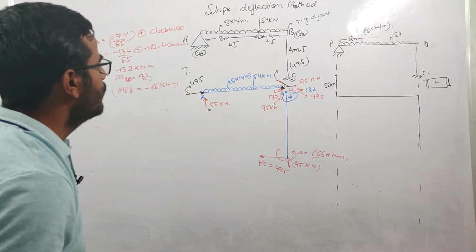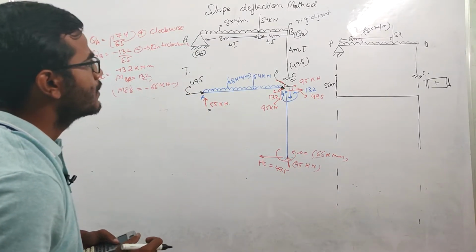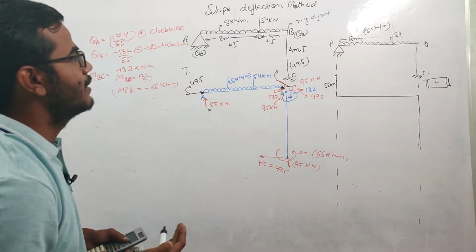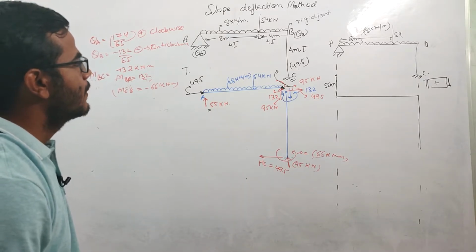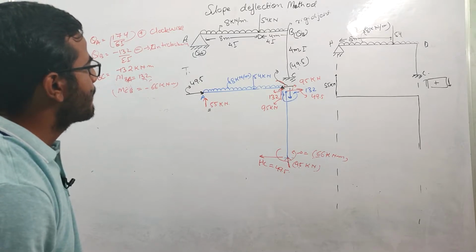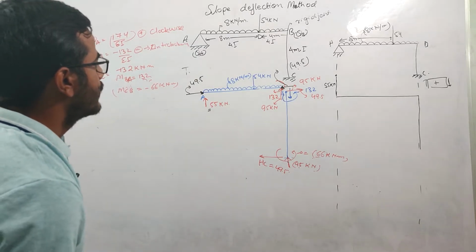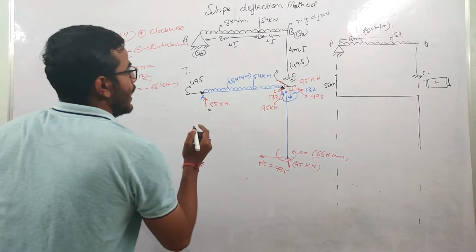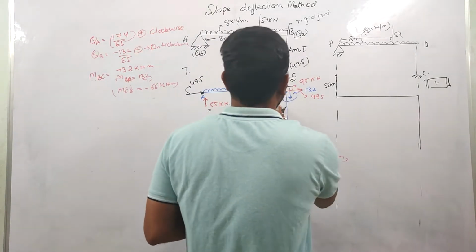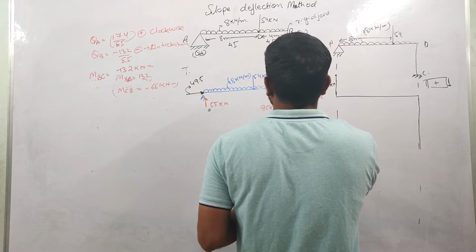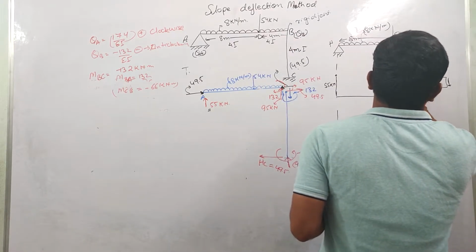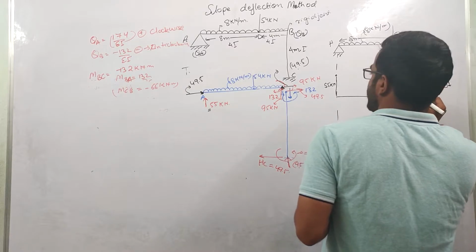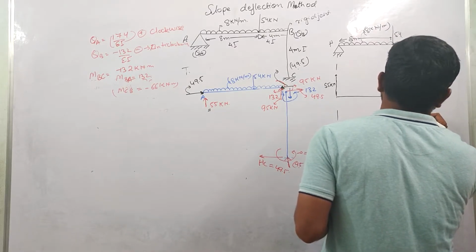Now there is a UDL, so due to this UDL, there will be a linear variation of the shear force. Now you can see that at this B end, the value of shear force is 95 kilonewton, and it will be in downward direction.